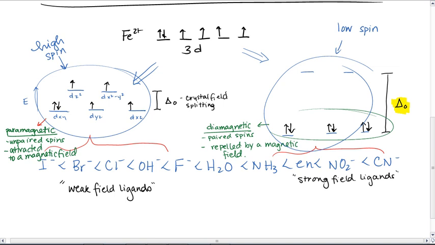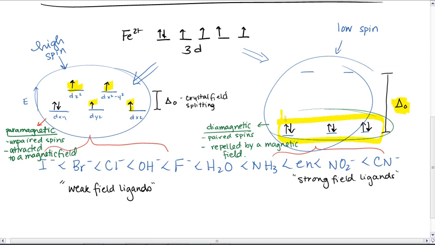Turns out that high spin is simply referring to high numbers of unpaired electrons or high numbers of parallel spins. Parallel meaning, of course, the arrows are going in the same direction, which means they're spinning in the same way. So this first case is the high spin complex, with a large number of unpaired electrons, versus over here, the low spin complex, where we would have very few unpaired electrons.